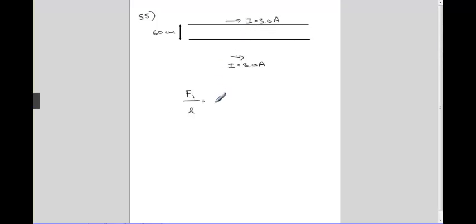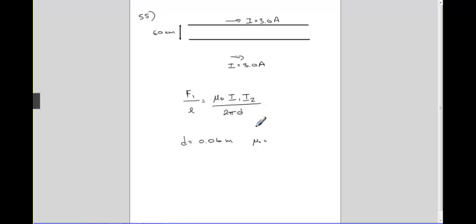Okay, so the expression is F1 is equal to mu 0, which is a constant, times I1 times I2, which are the two currents, divided by 2 pi times the distance between the wires. So in this case, distance is 6 centimeters, so we convert that to 0.06 meters. We know I1 and I2, and mu 0 is a constant that we would look in the book for, because we probably wouldn't remember it.